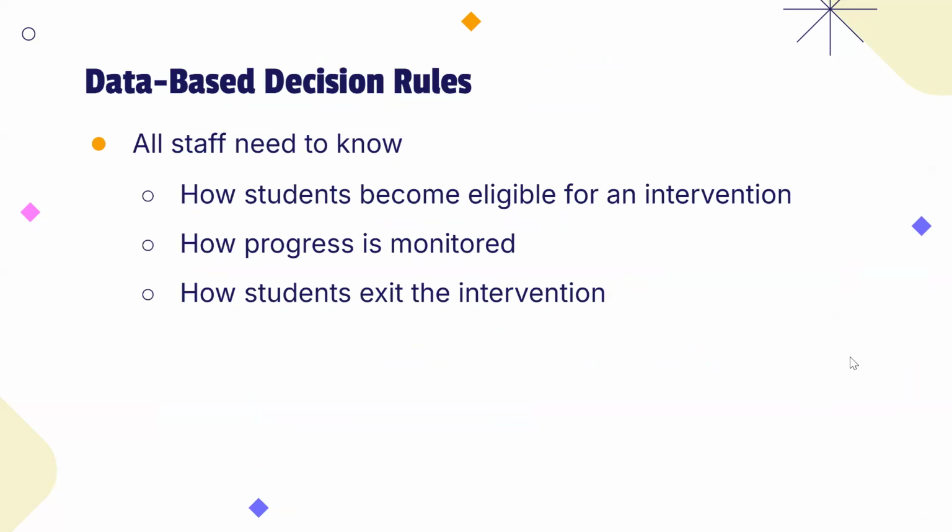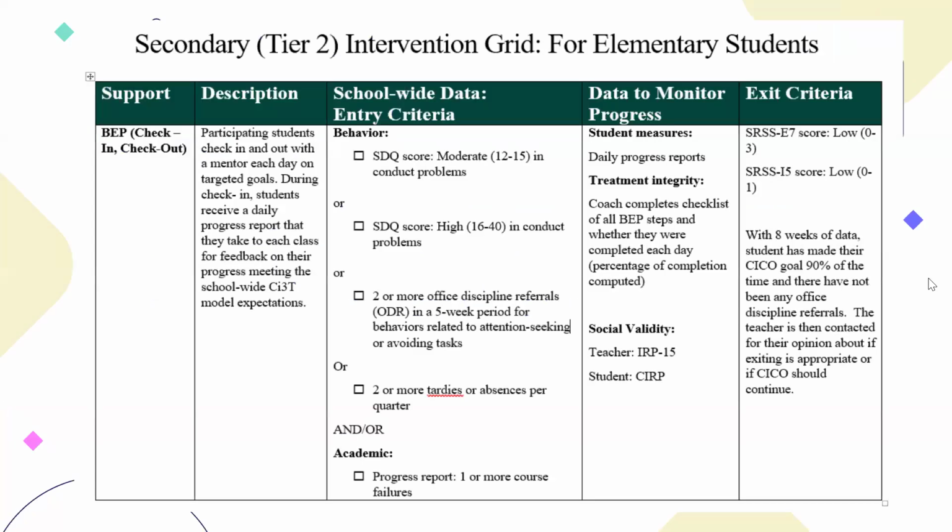With all of this, when we are implementing tier 2 and tier 3 and we're coming up with interventions to develop during this time and send out, it's so important for our students and our staff to know how students become eligible for an intervention, how progress is monitored, and how students exit the intervention, which takes us to an intervention grid. And we complete these during our tier 2 and tier 3 meetings.